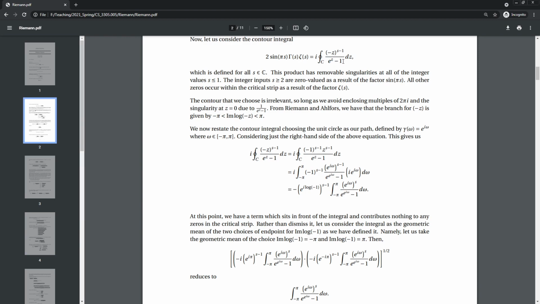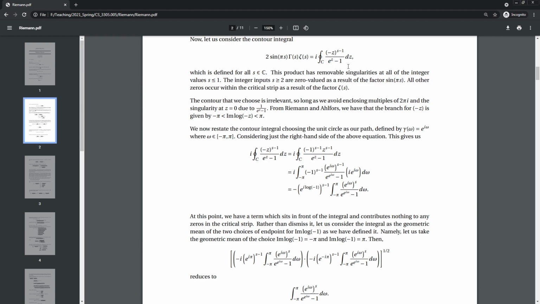And so there's this simple pole right there at the origin. And so a theorem from complex analysis tells us that we can use really whatever contour we choose, whatever turns out to be convenient for us. So we're going to choose the unit circle to integrate around the origin, right?